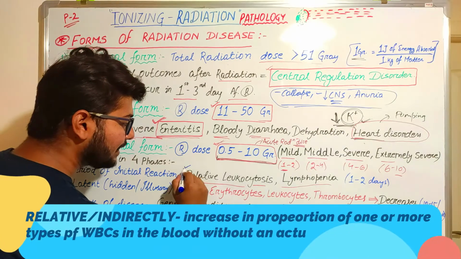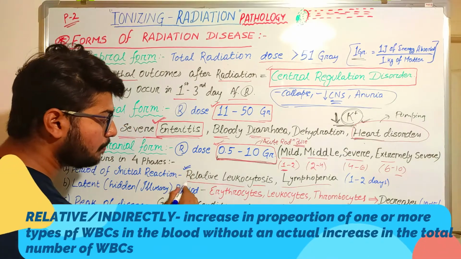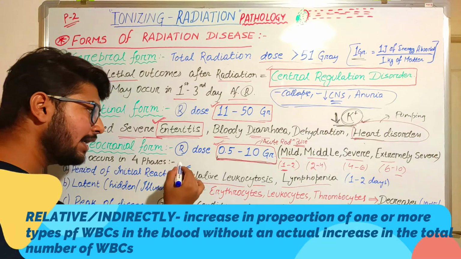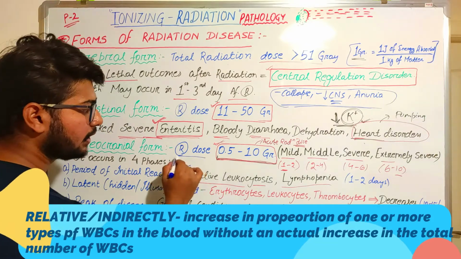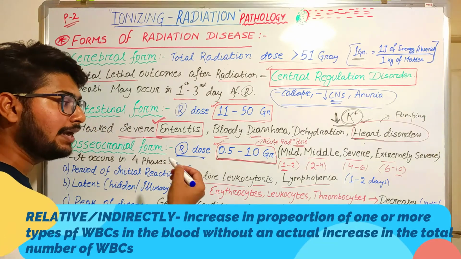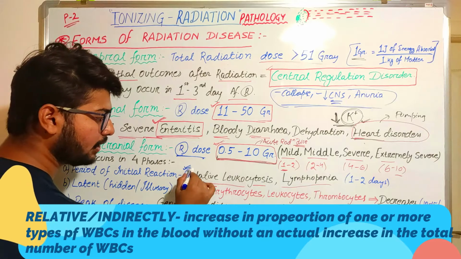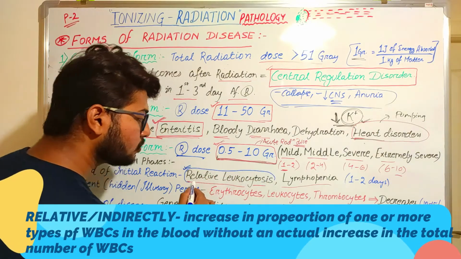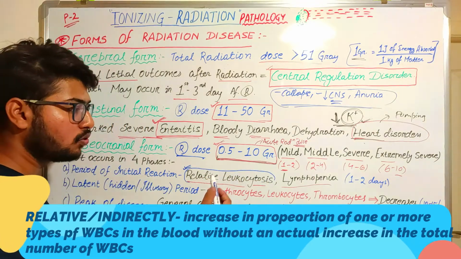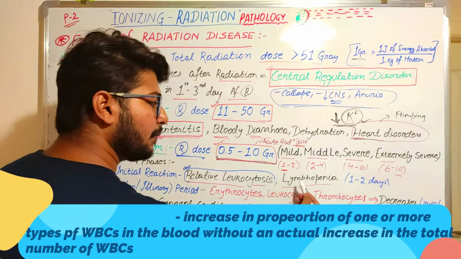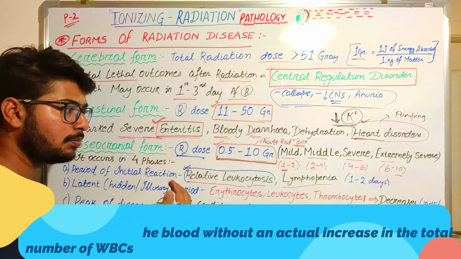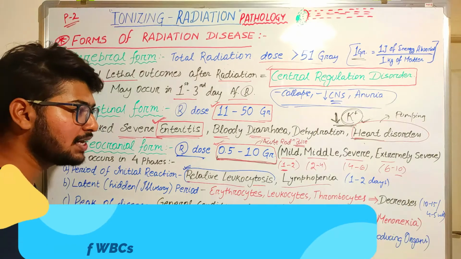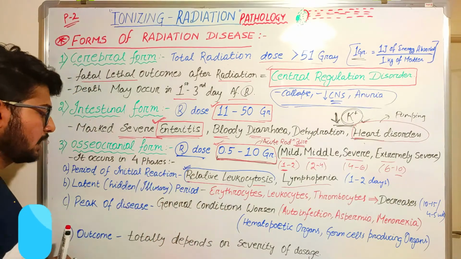So why is it relative? Because the body is indirectly getting affected by the radiation dose. That is the reason why it is known as relative leukocytosis. And lymphopenia means there will be a decrease in the number of lymphocytes, like B lymphocytes and T lymphocytes.